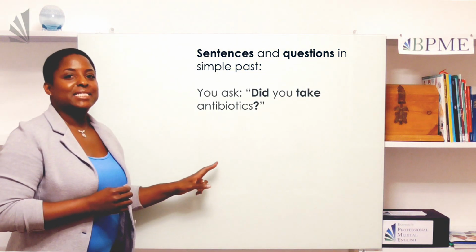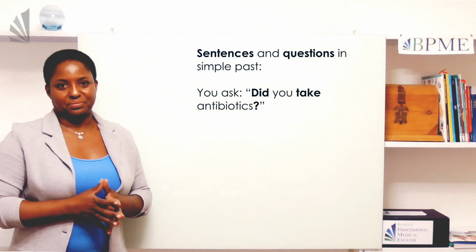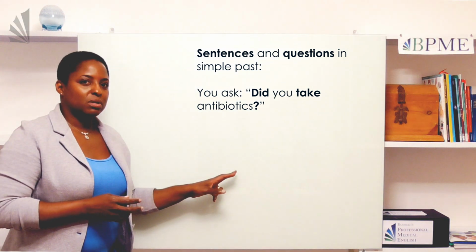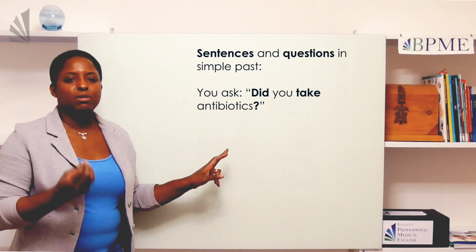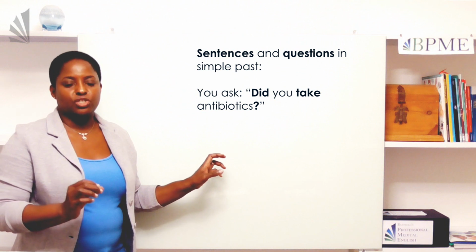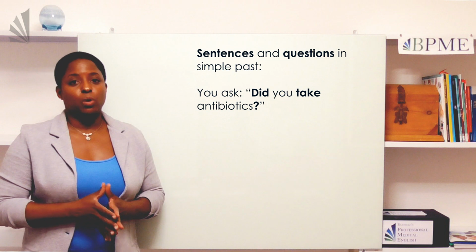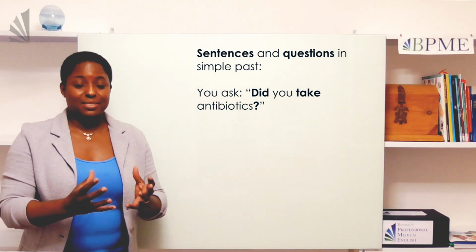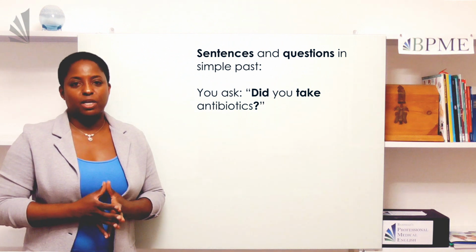So you ask, did you take antibiotics? Note the use of the verb did, which is a helping verb we use when we form questions in the simple past tense. The main verb we want to use actually stays in its base form. So, did you take antibiotics?